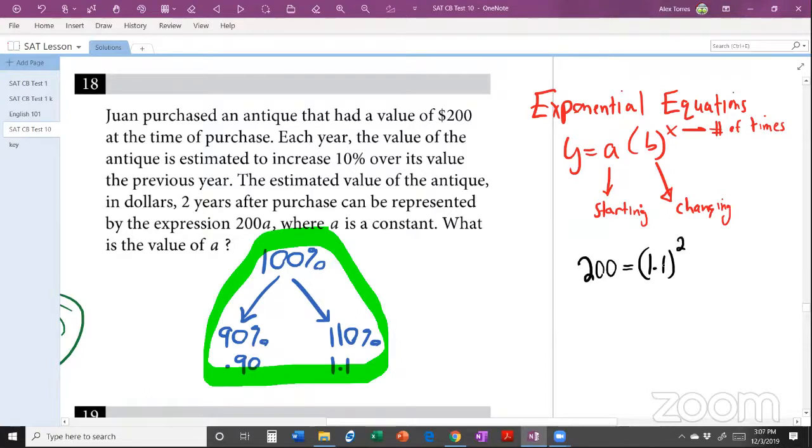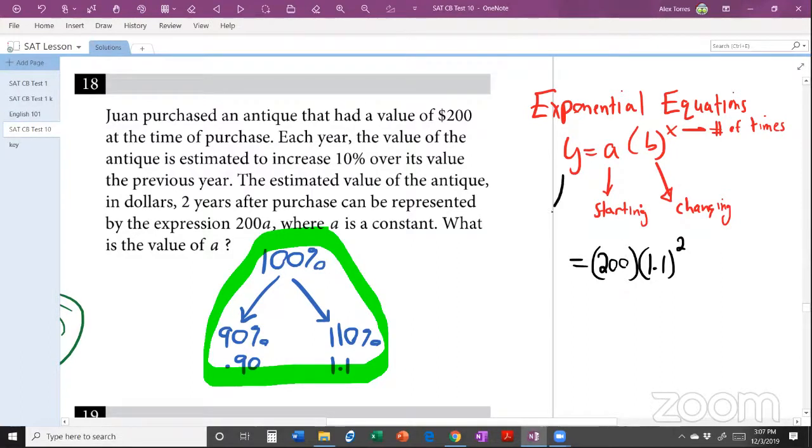So this is 2. This is saying that we're going to increase it by 10% twice, multiplying it by 1.1 times 1.1 again, which means we're doing it twice. And I just noticed a little typo here in my writing, because we have 200 as the starting value, and we're multiplying that by 1.1 2 times. So this is our exponential equation.